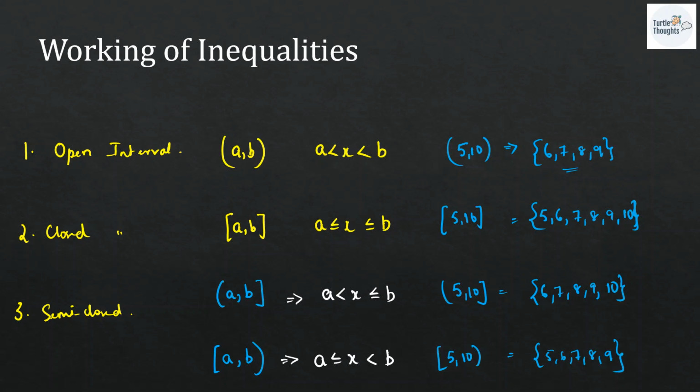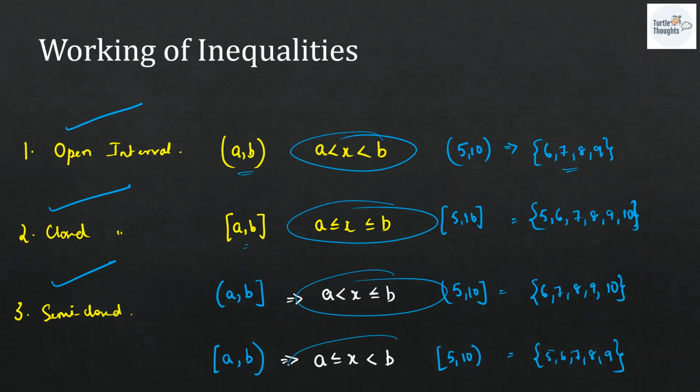So these are the types of intervals. We have open interval, closed interval, and semi-closed. Open is represented using the normal brackets, closed is represented using the square brackets, and this is how we represent the interval in terms of inequality.